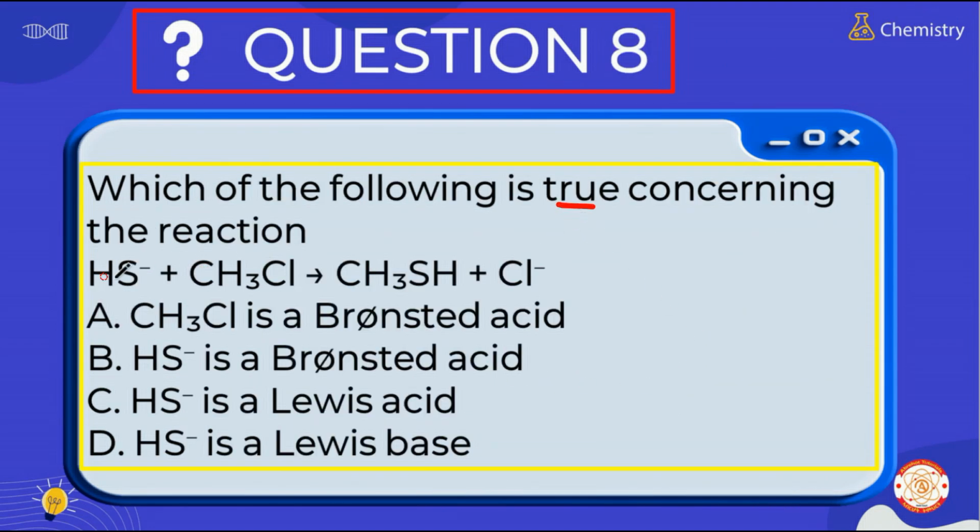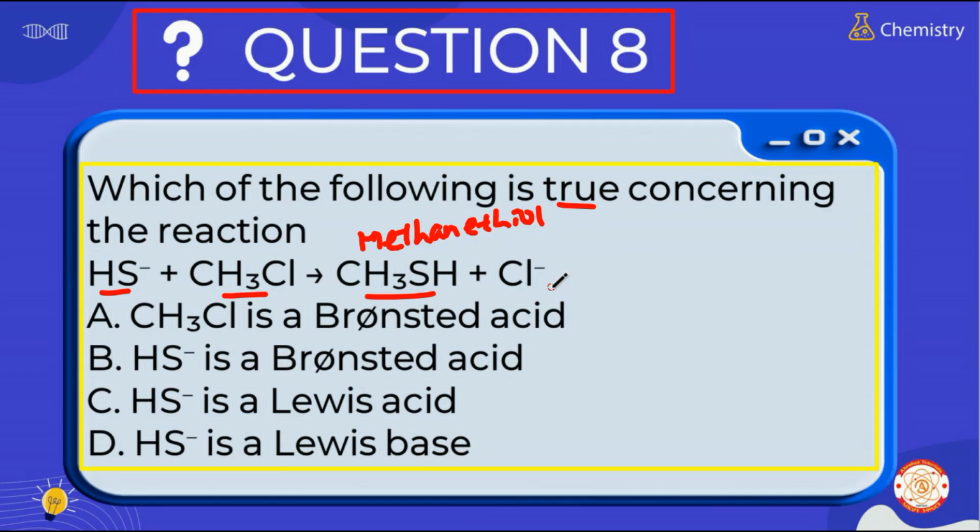Okay, so which of the following is true concerning the reaction given here? In the reaction, bisulfide ion reacts with chloromethane to produce methanethiol and chloride ion.